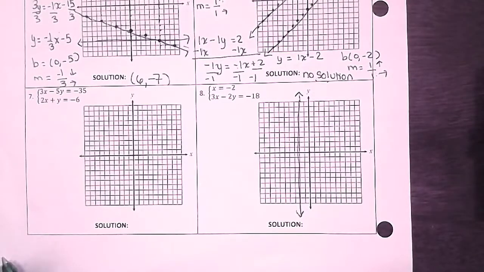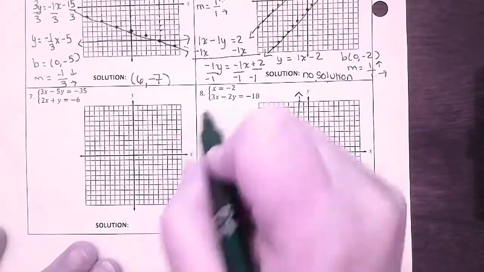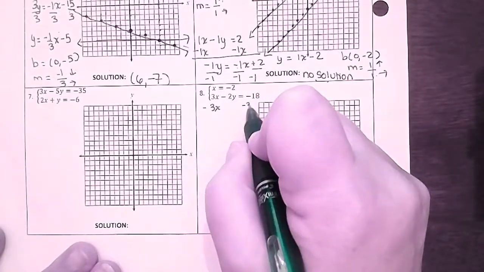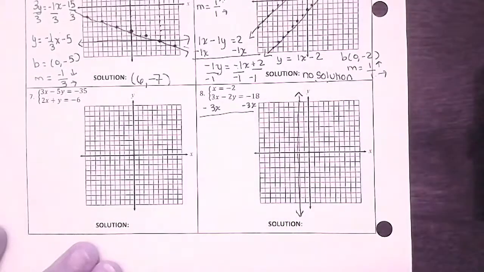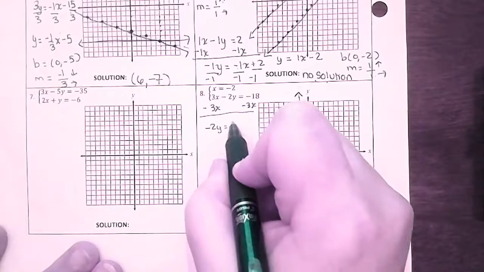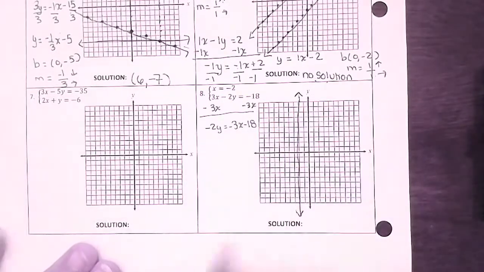Okay, hopefully you guys try to do this on your own. So I'm going to put this in slope-intercept form. First thing I do is I move my x value over to the other side. Can't combine these two because they're not like terms. So I have -2y is equal to -3x minus 18. And my last step is to divide by that number in front of y.